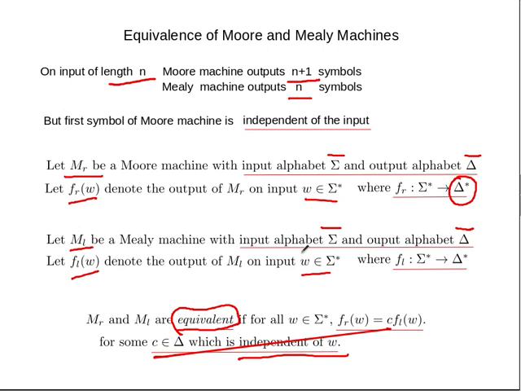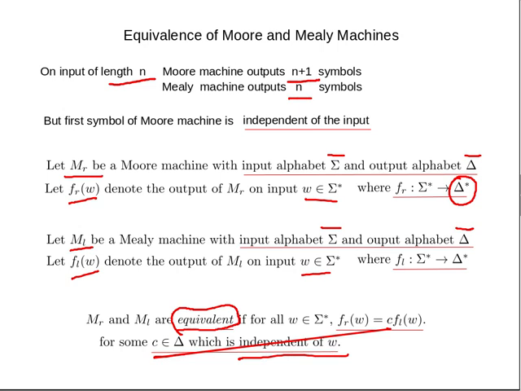So the question is, after defining this equivalence, can we show that for a given Moore machine we can have an equivalent Mealy machine, or for a given Mealy machine we can have an equivalent Moore machine?